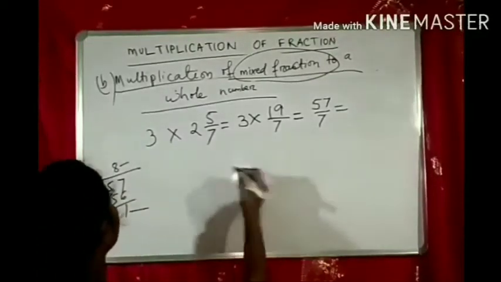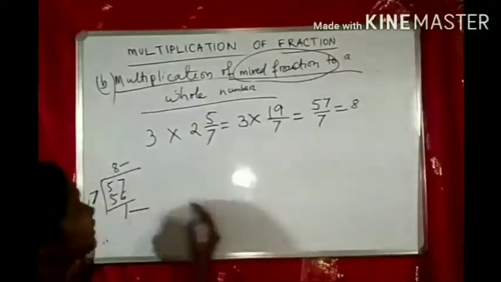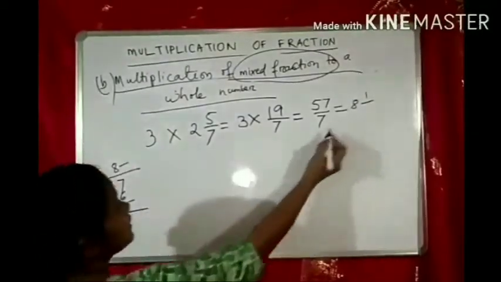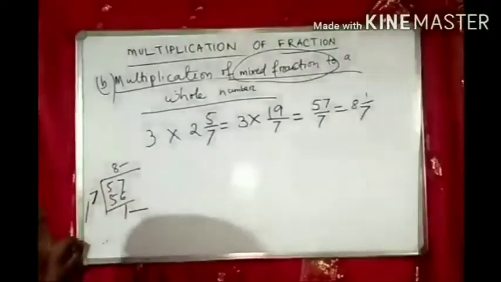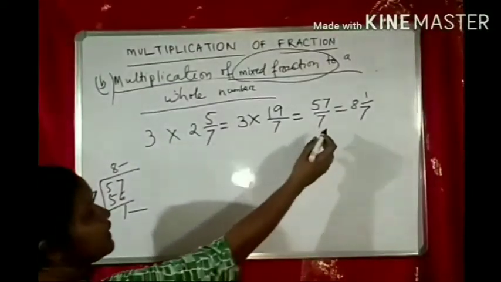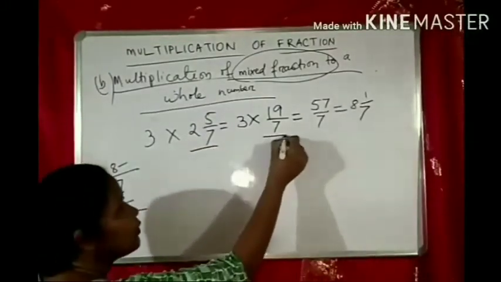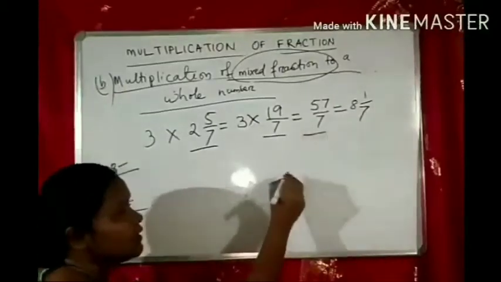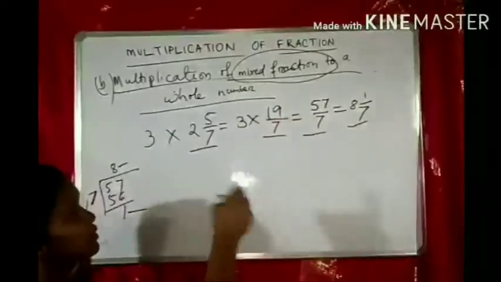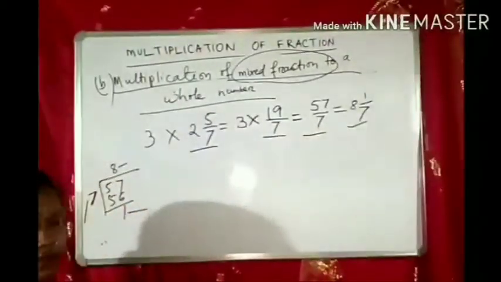First we'll write the quotient 8, then the remainder 1 by divisor 7. So the answer of 3 into 2 and 5 by 7 equals 8 and 1 by 7. So first convert the mixed fraction into an improper fraction, then find the answer, then again convert that product, which is an improper fraction, into a mixed fraction.